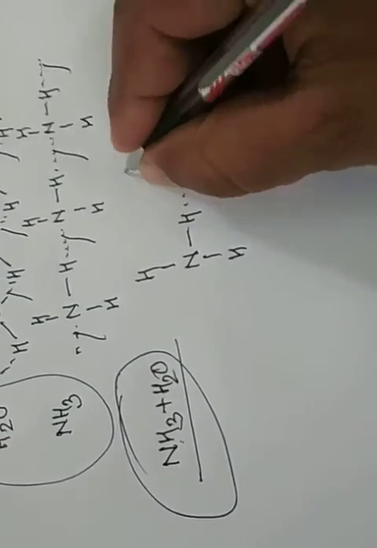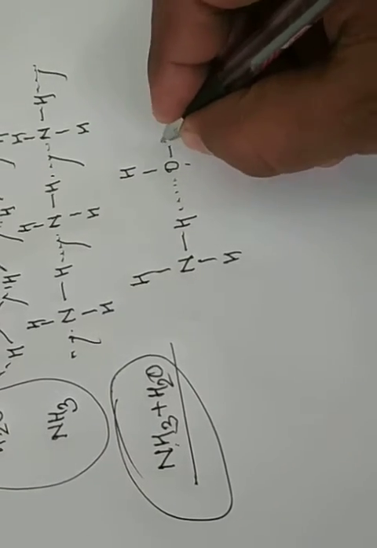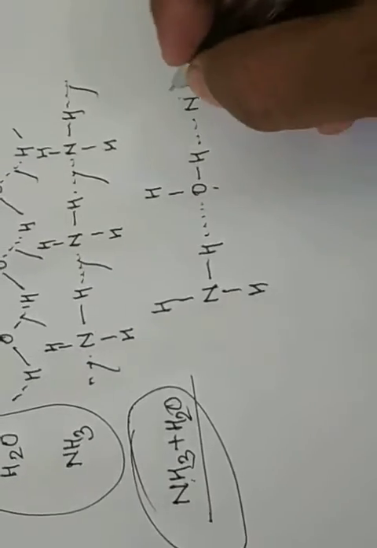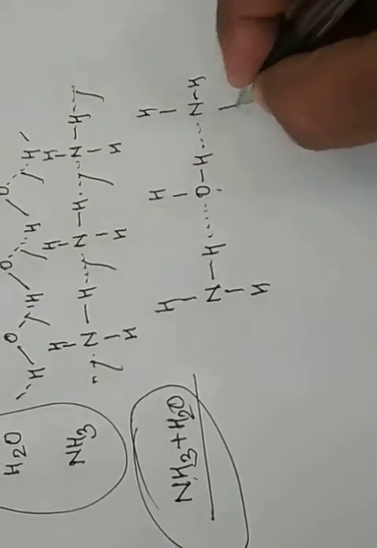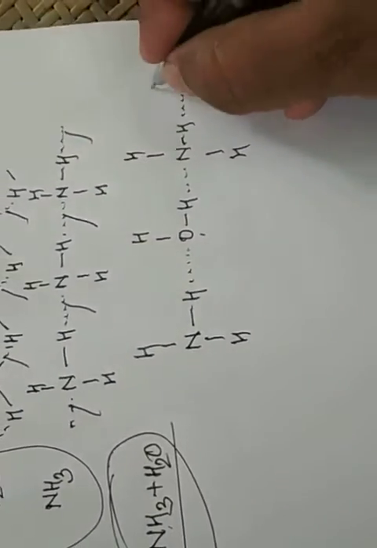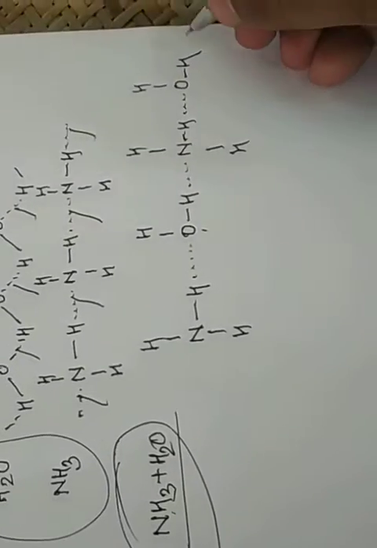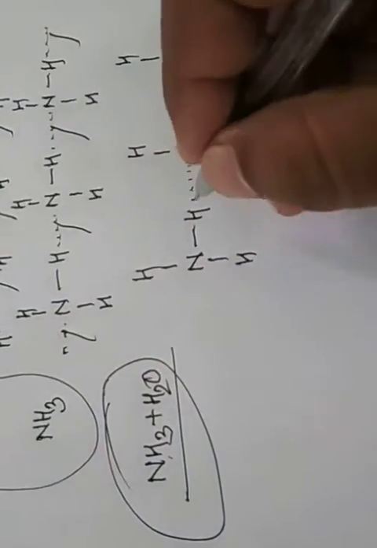So O H H, and this hydrogen is attached again to nitrogen, H H H, and this H attaches again to the oxygen of a water molecule. So this is the structure of NH3 and water. Why is NH3 dissolved in water? Because there is a hydrogen bond.